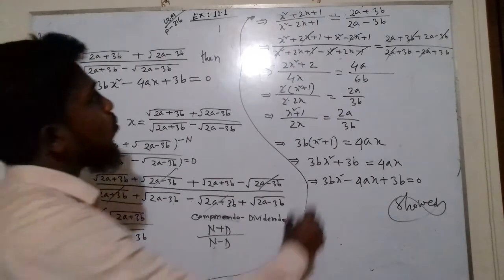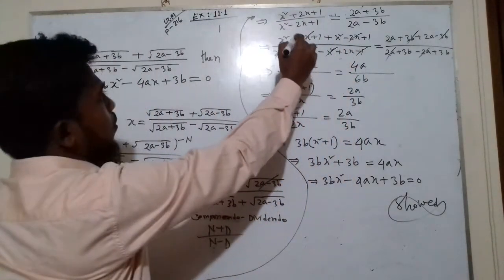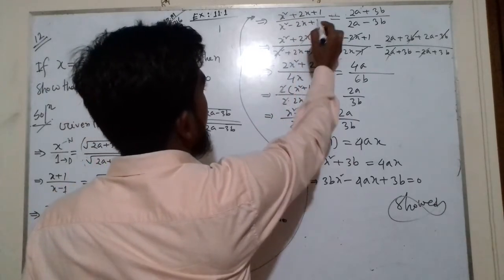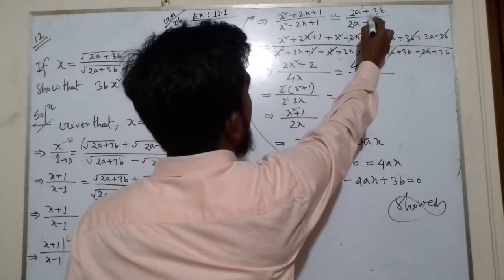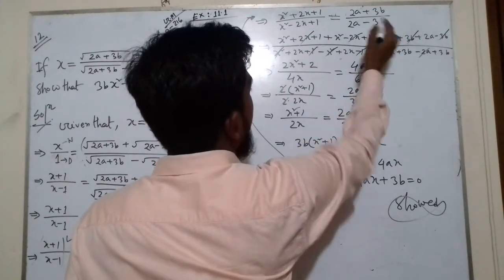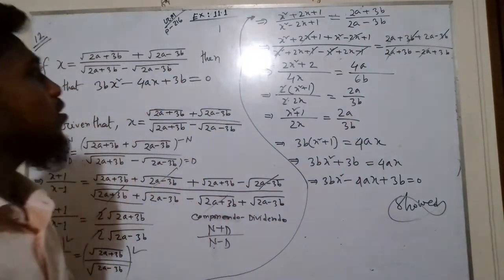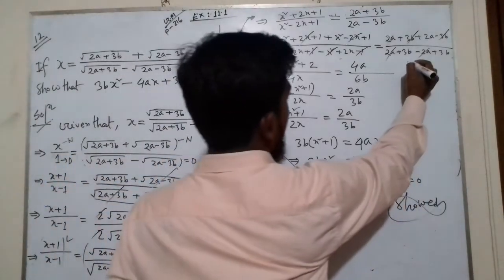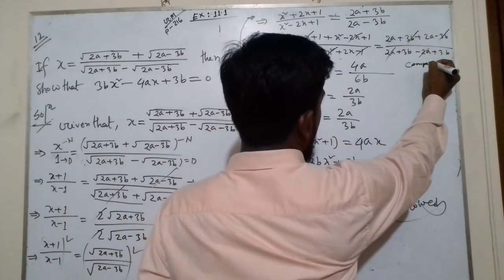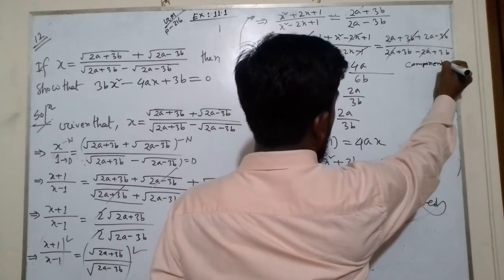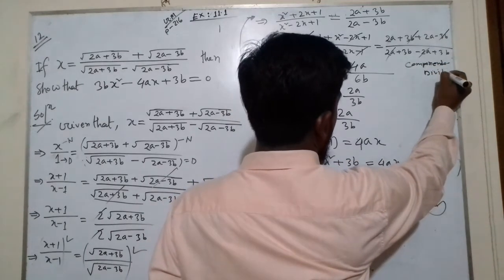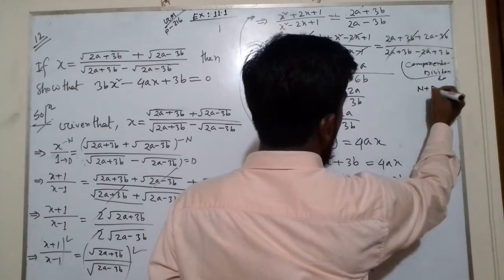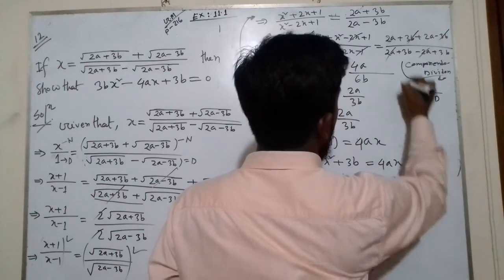Okay, now look, (x square plus 2x plus 1) divided by (x square minus 2x plus 1) equal to (2a plus 3b) divided by (2a minus 3b). Again we apply the formula of componendo and dividendo, that is numerator plus denominator divided by numerator minus denominator.